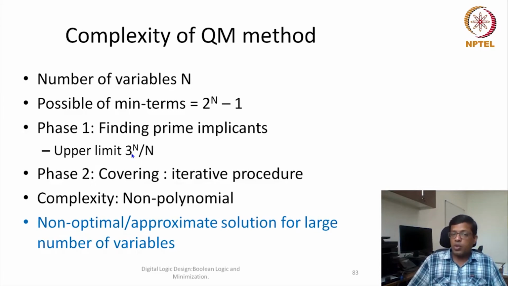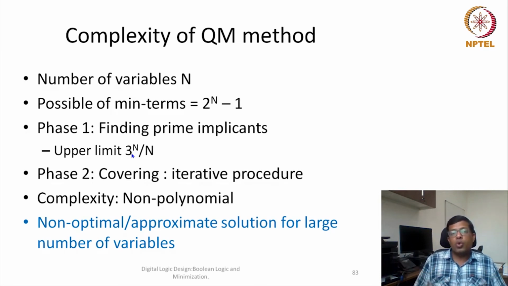Let's say I have some 10 or 12 variables. Because of those variables, my machine is occupied for a whole day, and in the end I may find an optimal solution which has only one literal less than the non-optimal solution. It's not worth it, correct? So that's why we find a trade-off.